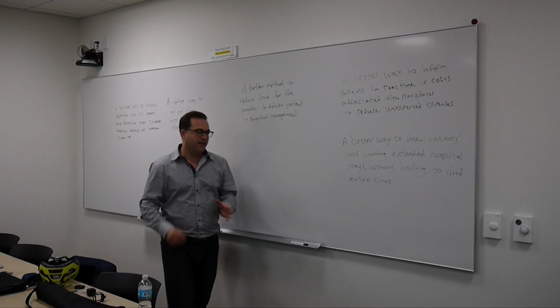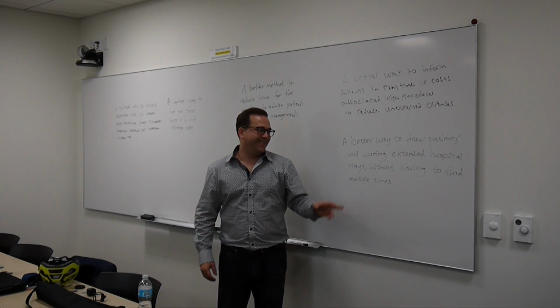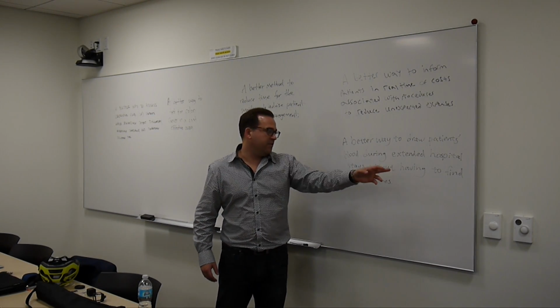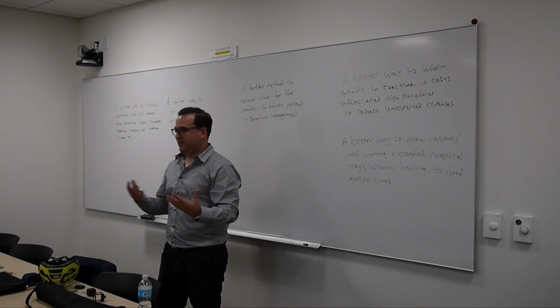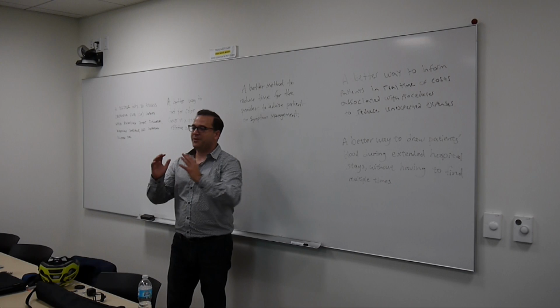Do you see that? Because it implies you're having to draw a patient's blood using a vein multiple times, right? Maybe there's some other way you would draw the blood. So you see how that would open up the solution space?